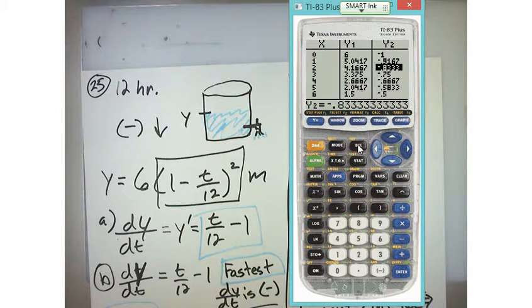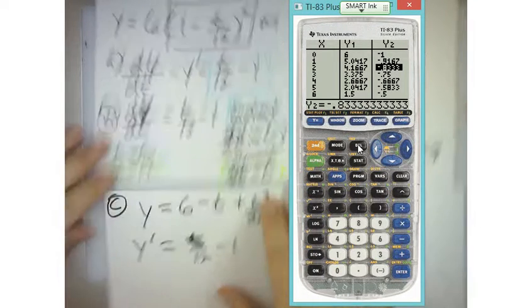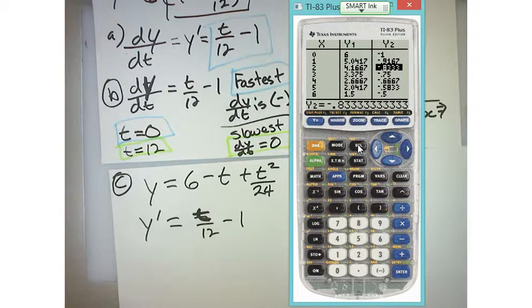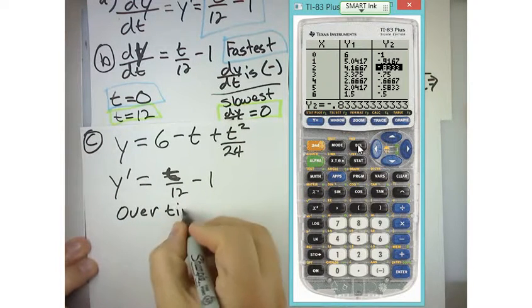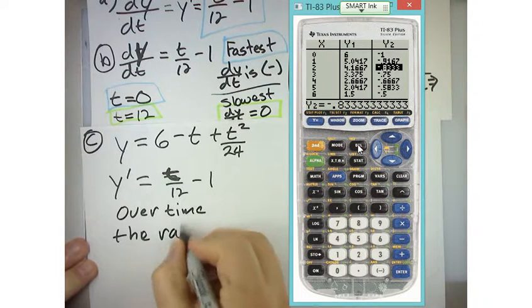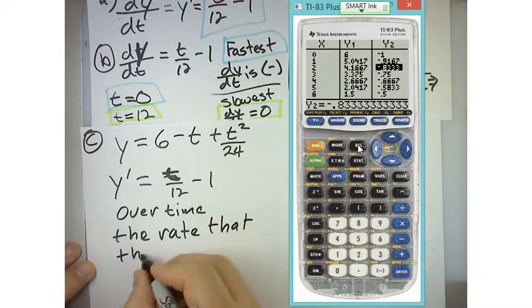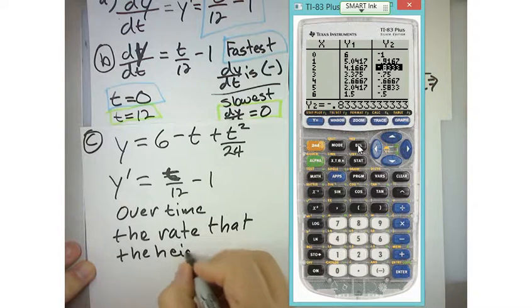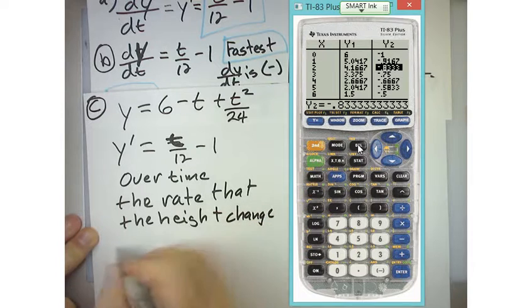Part C, again, said graph the two and discuss the behavior. Well, if I were to write that down in words, I would say that over time, the rate that the height changes decreases.